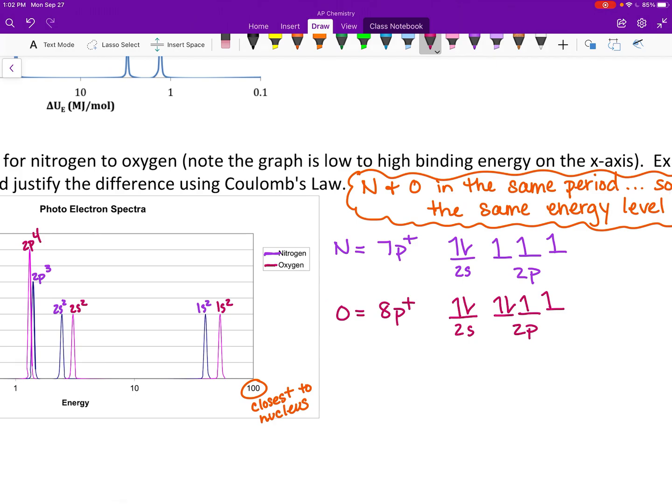So the first thing that we notice is that the core electrons, or the s electrons, I guess I should even say, are held a little bit tighter by oxygen. And that's because we have more protons.